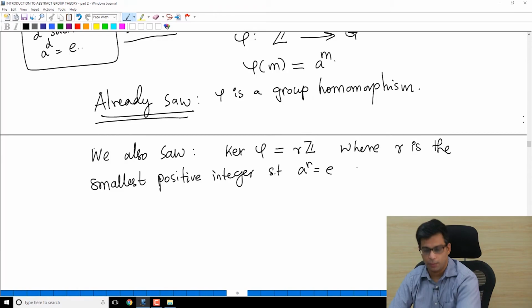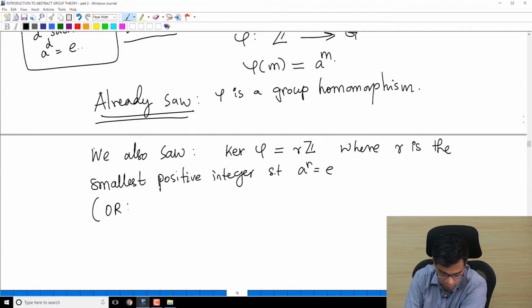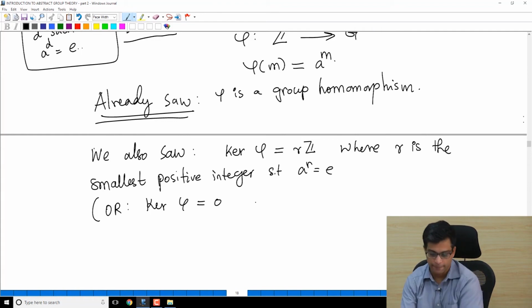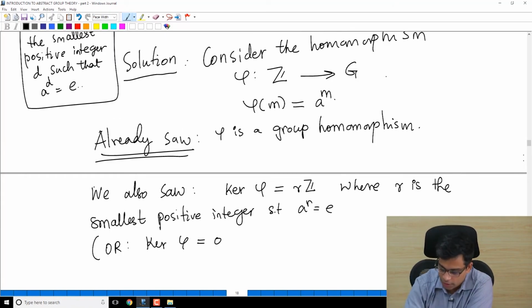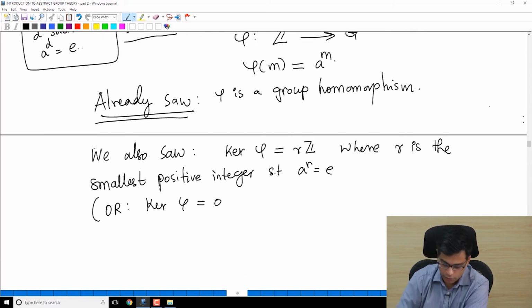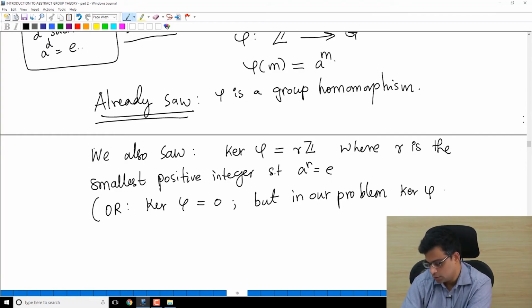Remember, in general there is another possibility. Kernel of phi may be either RZ or kernel of phi is 0. This is also possible in general because there may not be any kernel of this map. That means A^m may never be identity for any positive integer. Okay, so this is a possibility in general, but in our problem kernel phi is not 0.